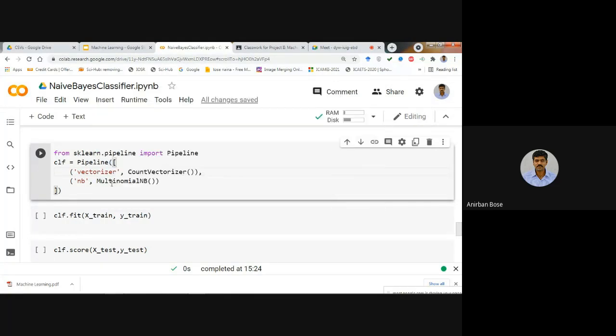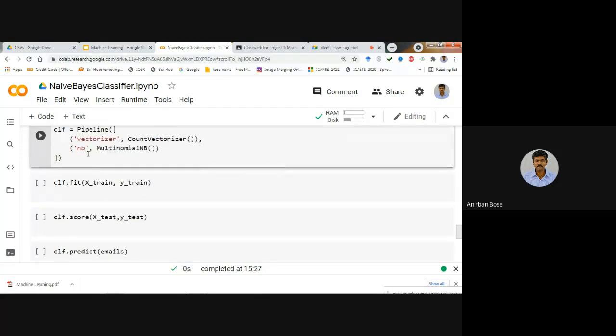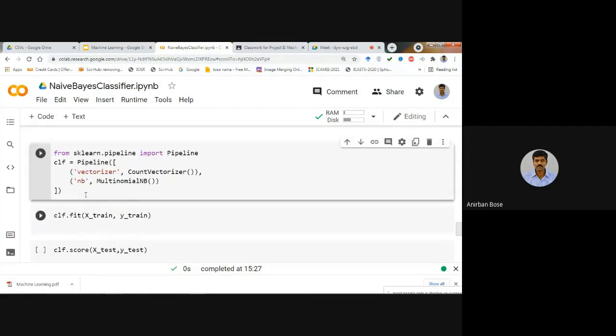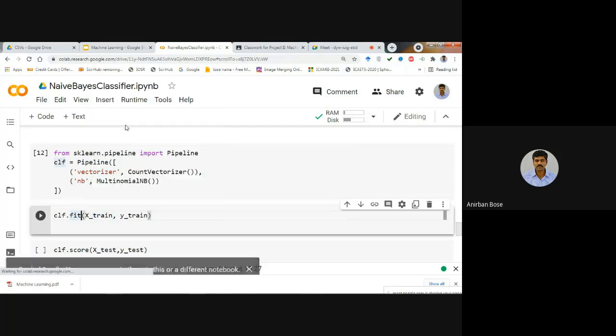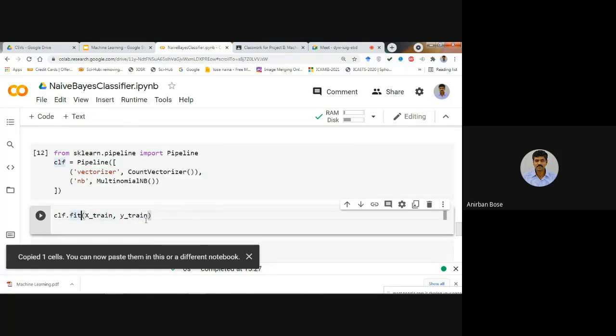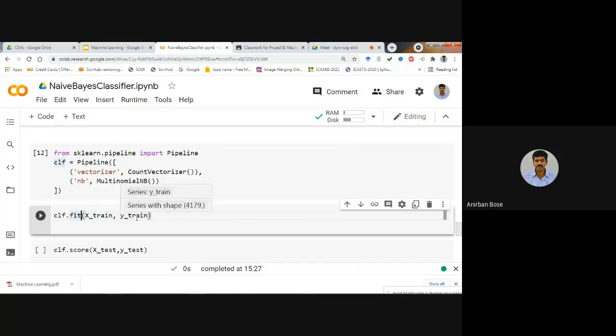Now after defining this pipeline and executing, we simply use this particular pipeline that we have named CLF. We write CLF dot fit on our data, which is xtrain, ytrain. This xtrain, remember, is the text messages.